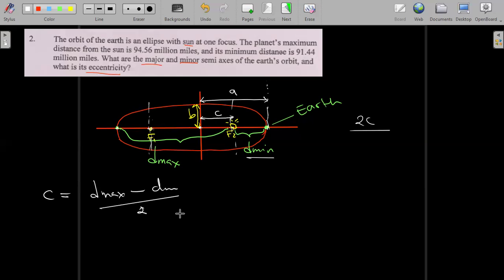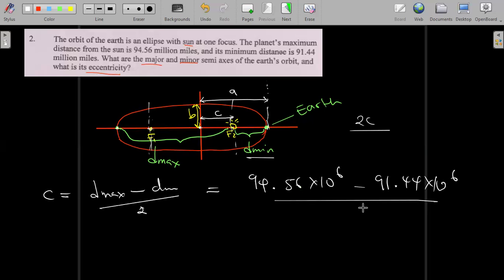And then when you replace this, you have 94.56 multiplied by 10 to the power 6, then minus 91.44 times 10 to the power 6, then divided by 2.